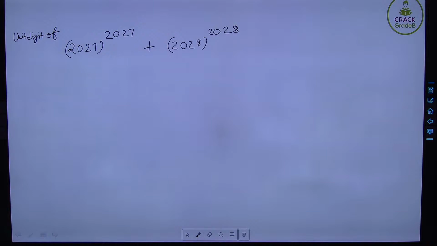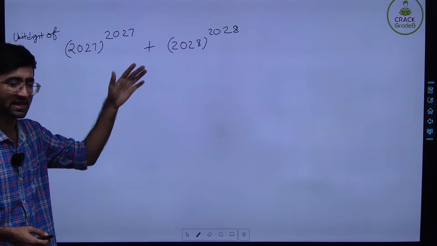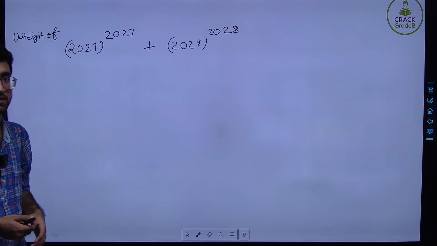Okay. See, you just have to find the unit digit separately and the plus sign is there. So you will have to simply add.